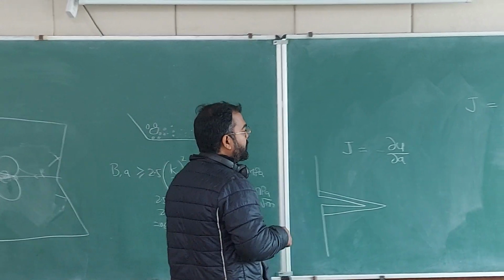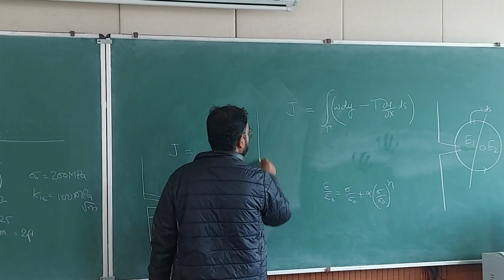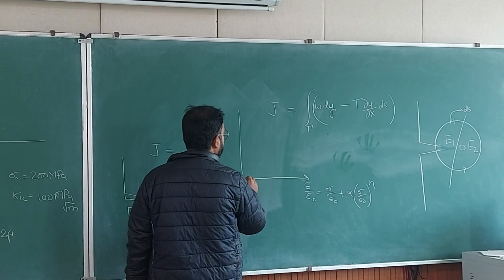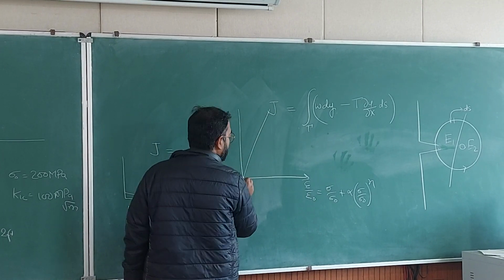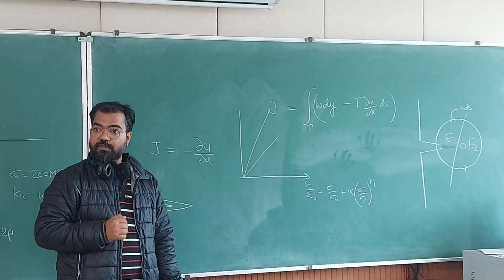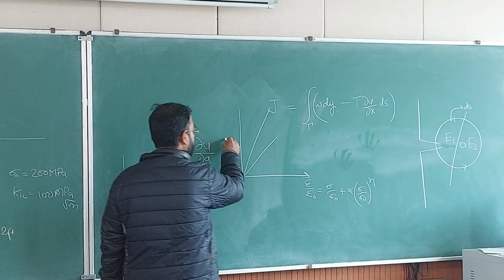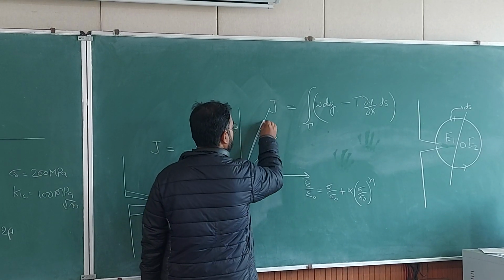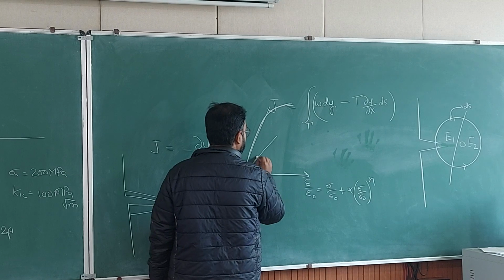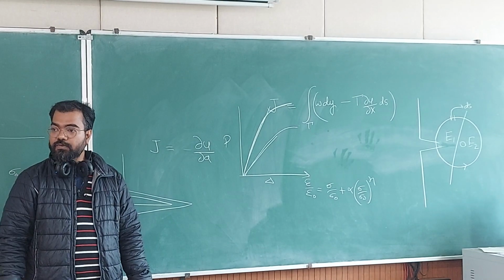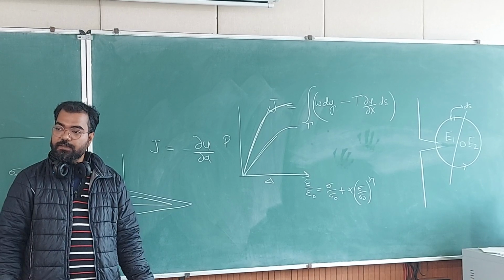Okay, so with the same thing what we did for Griffith, where we drew two straight lines for different values of crack length, in this case we will be drawing not straight lines, but a curved line, because now we are assuming the material to be non-linear elastic.